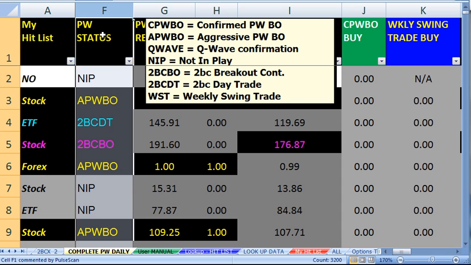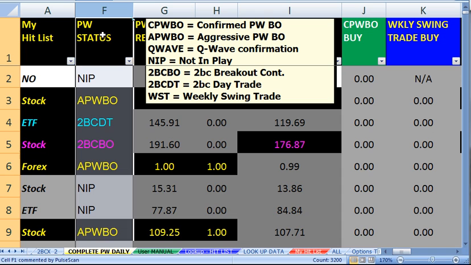You remember the difference between the confirmed and the aggressive, if you remember the prior videos. A new one was added, which is the Q wave confirmation. We'll get into that more in detail in a few minutes. And then the NIP, which is not in play. Then the next one is the 2-bar Charlie breakout continuation. And then we have the 2-bar Charlie day trade. And then we have the weekly swing trade.